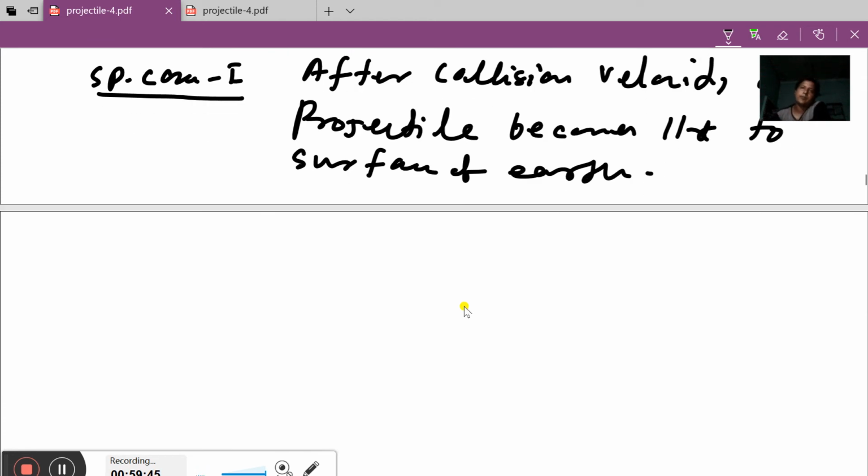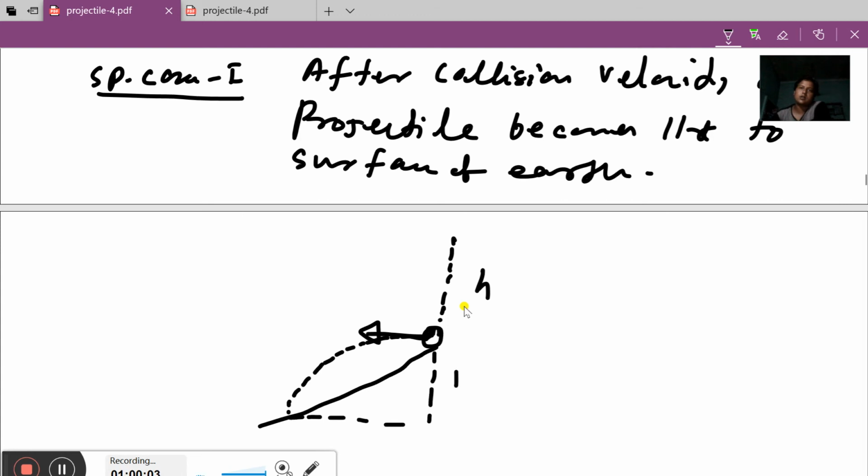So after falling height h, the velocity of the projectile becomes horizontal and the body falls like this, a height that is H minus h. So this one is part of horizontal projectile motion.